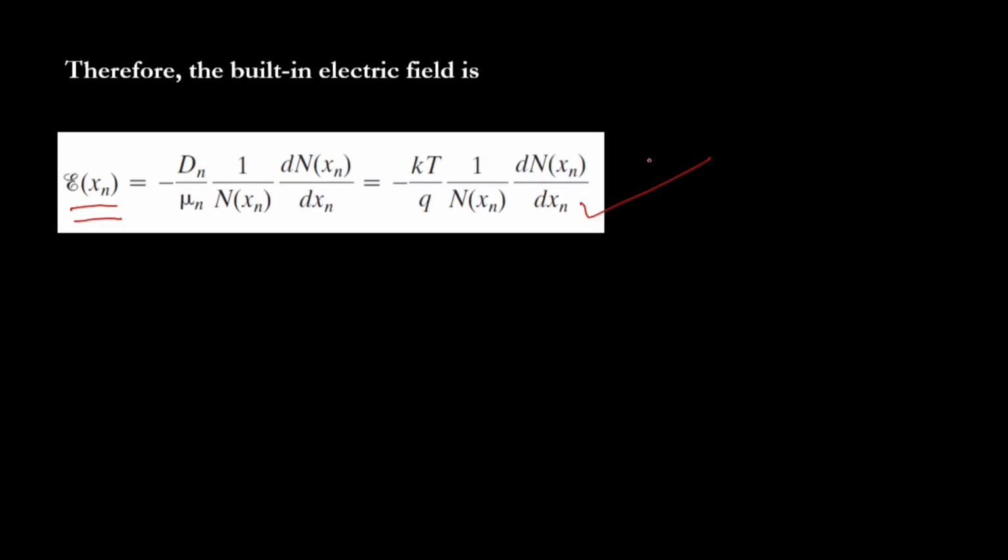That is actually the drift in the base because of the existing electric field. That existing electric field is because of the non-uniform doping inside the base region.